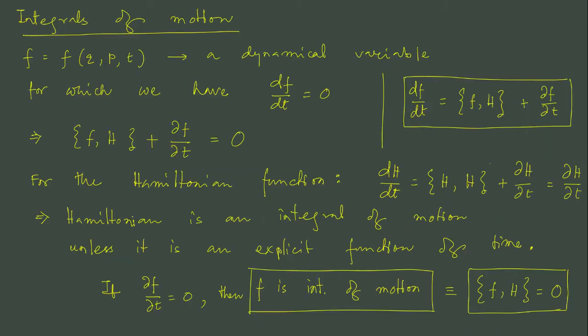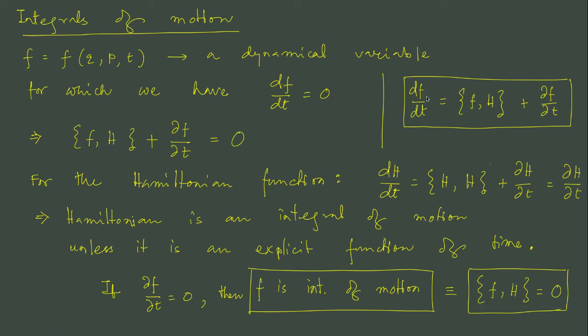We look at integrals of motion using the Poisson bracket. Let's consider F a dynamical quantity, which in general is a function of generalized coordinates, generalized momenta and time. If we require this to be an integral of motion, then its total time derivative must vanish. After all, an integral of motion means a quantity is not changing with time, so its time derivative vanishes.